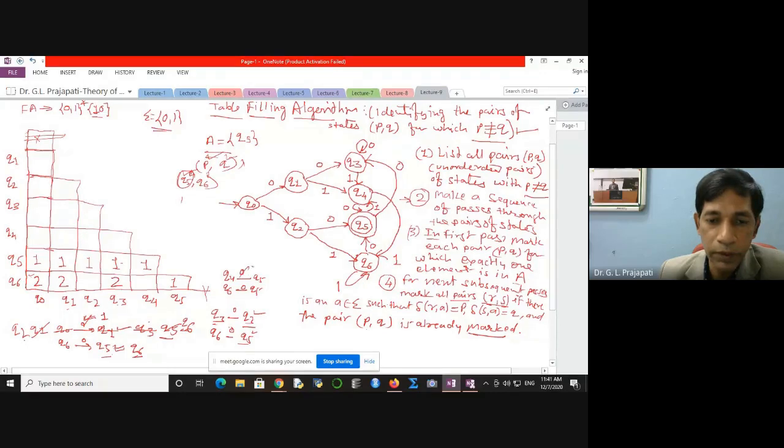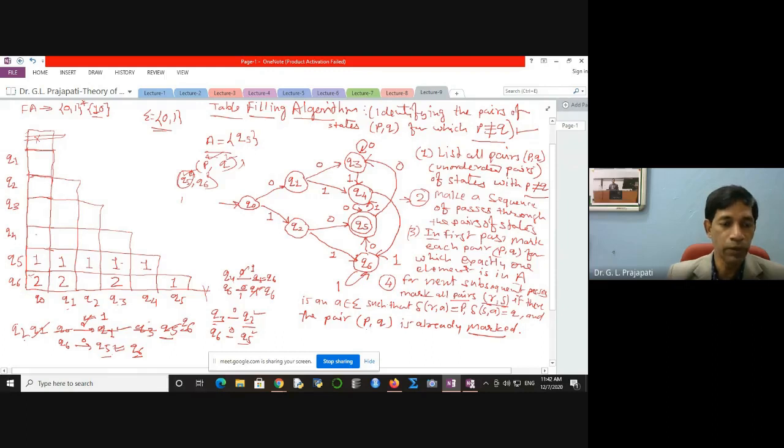So go for the other input, say 1. If you are at Q4 getting 1, you are going to the Q6. If you are at Q6 getting 1, you are also going to the Q6, and Q6 is not a pair. So Q4 and Q6 cannot be marked. So you have decided here. Now this is the already marked pair. You are not going to consider this and this also.